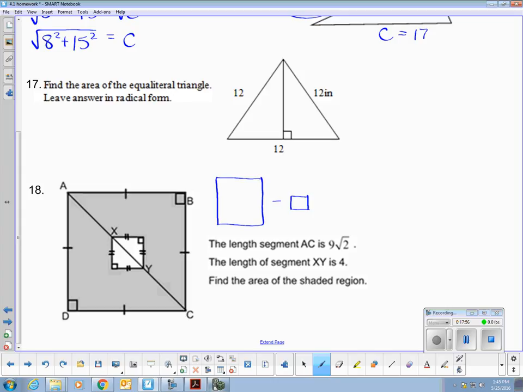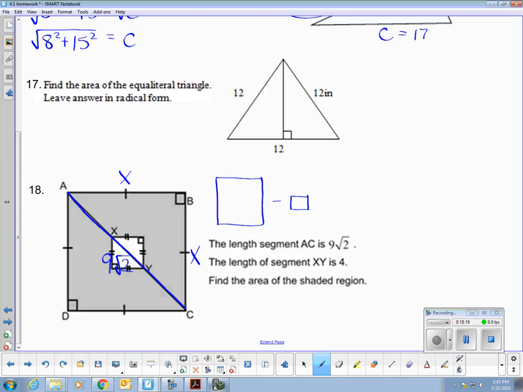The length of segment AC is 9 radical 2. So if this whole side is 9 radical 2, then I can find these two sides by remembering the relationship of a 45-45-90, which says that the leg is the hypotenuse divided by radical 2.